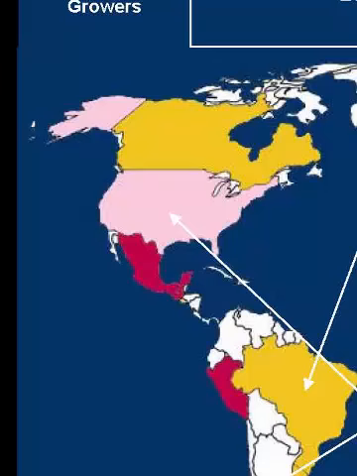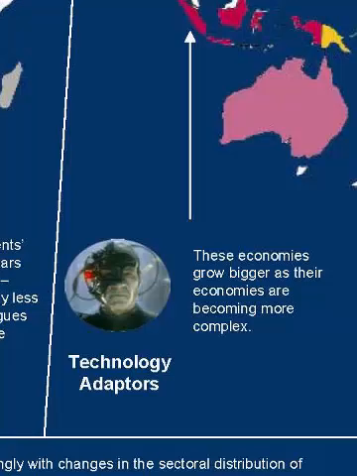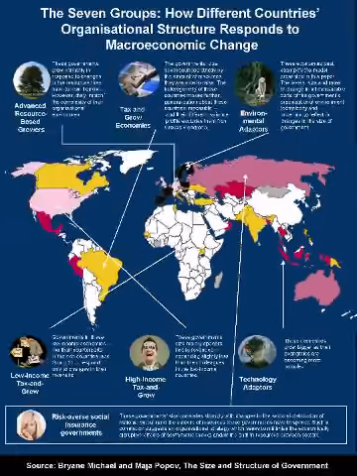Turning our attention now to the sixth group of countries, we call these technological adapters. These governments tend to grow bigger as their economies grow more complex.